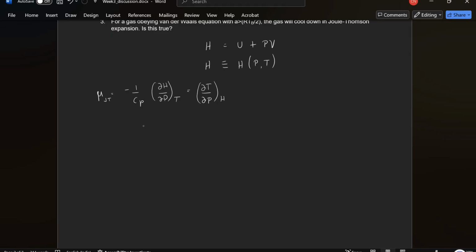We can write this. We can differentiate with respect to P at constant temperature.